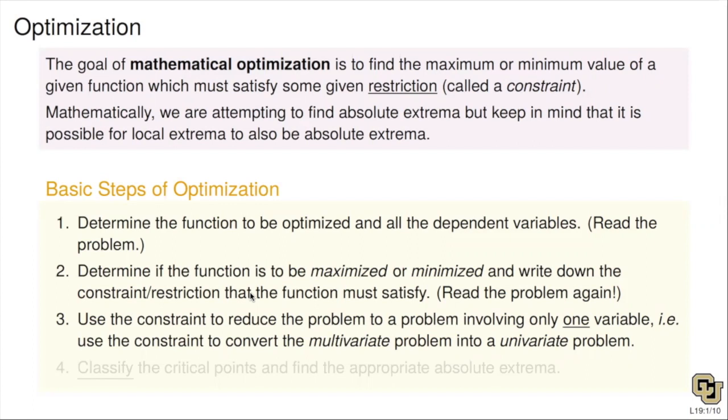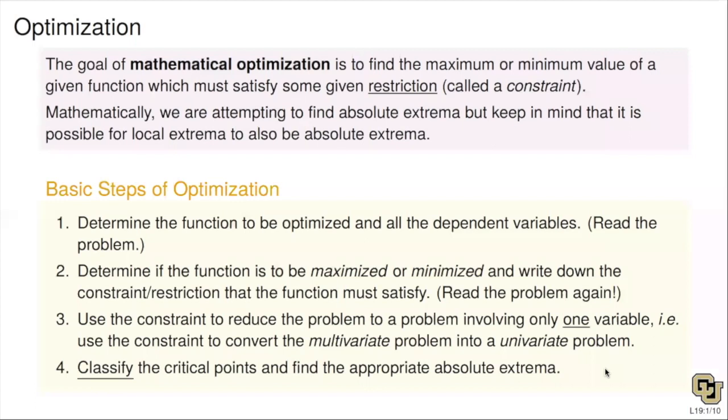And once it's converted to a one variable problem, then it looks like any other type of extrema problem that we've done in section 3.1 or 3.3. Then we're just back to doing derivatives, finding critical points, classifying them. It's back to just a derivative problem. So yes, once we get it as a one variable problem, then we solve the extrema problem using techniques we've learned.